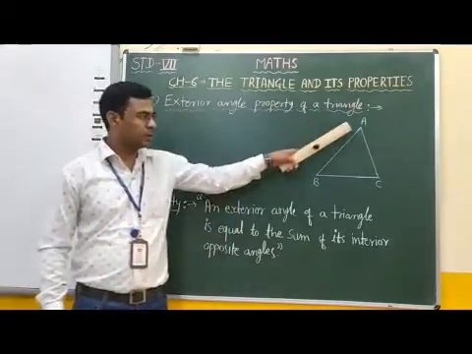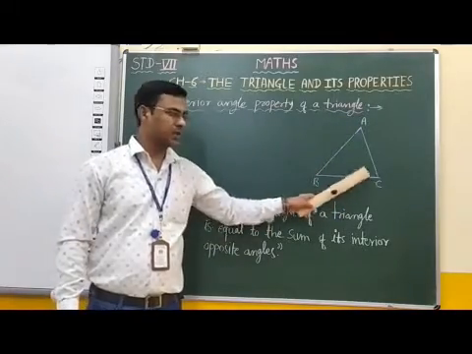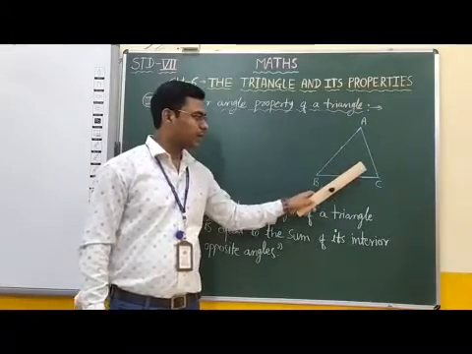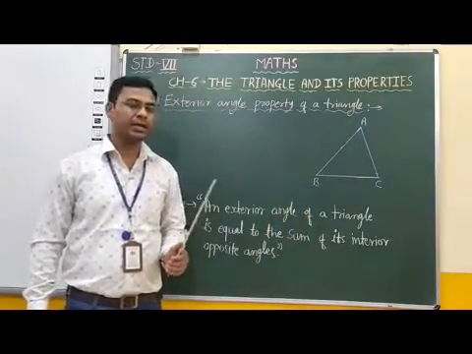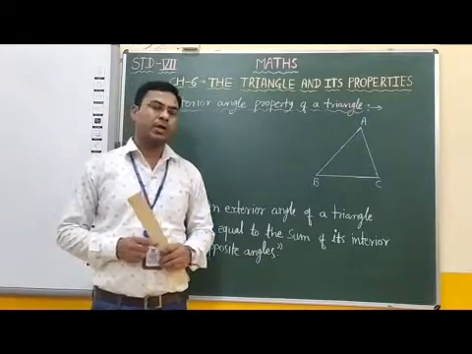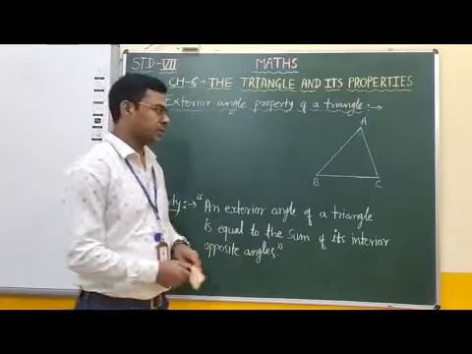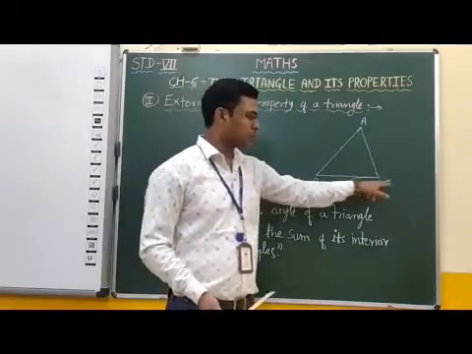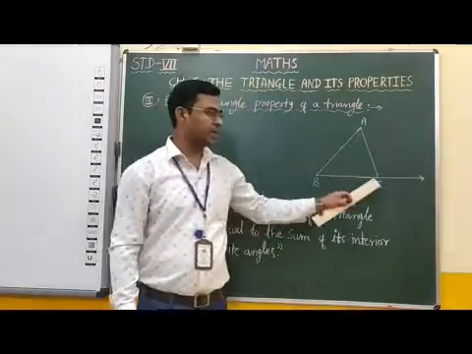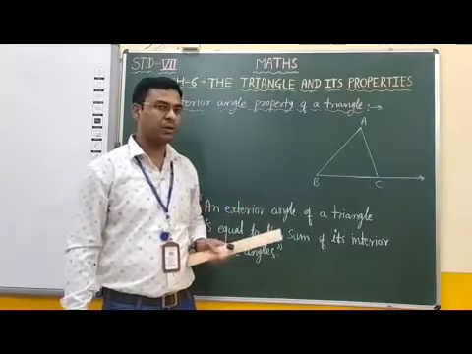Now students, you observe here I have drawn triangle ABC. In this triangle, angle A, angle B, angle C are the interior angles. Now, if we produce one side of the triangle, suppose I produce this side BC, then one more angle is formed.